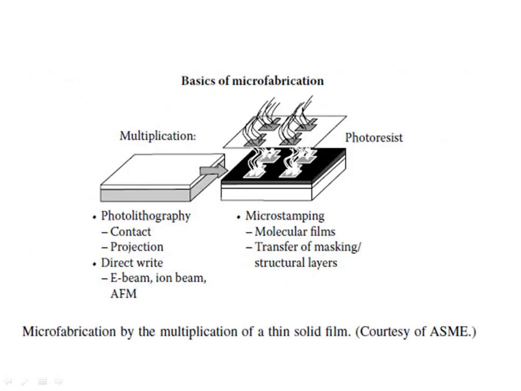Figure 1.5 shows microfabrication by the multiplication of a thin solid film: by photolithography, contact and projection; by direct write, E-beam, ion beam, AFM; by microstamping, molecular films, transfer of masking or structural layers.